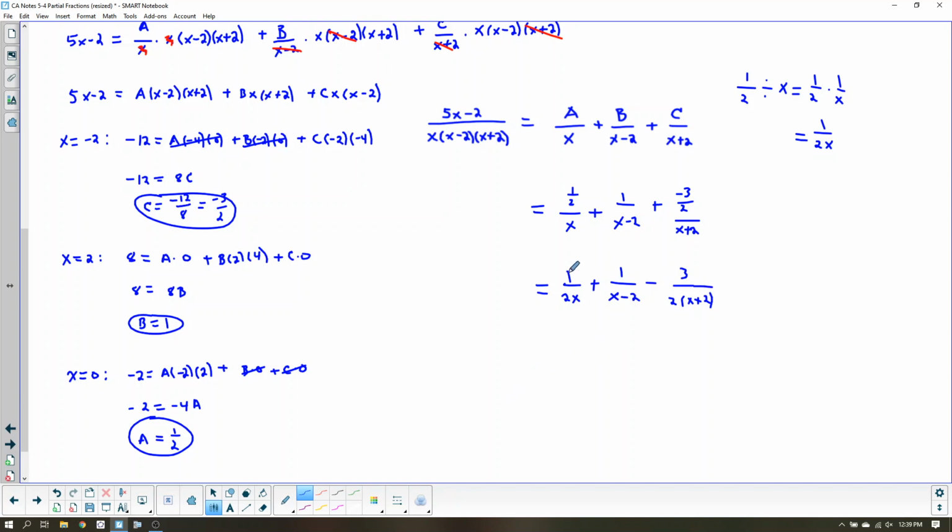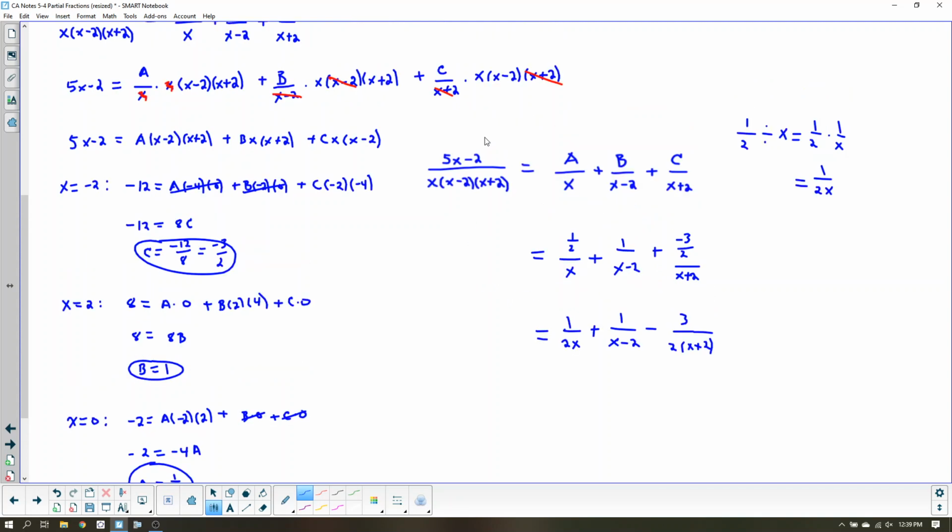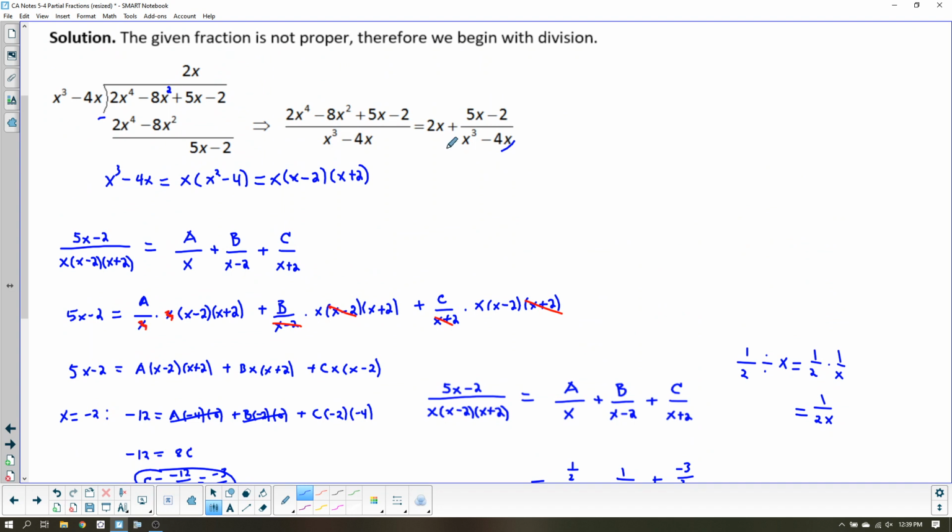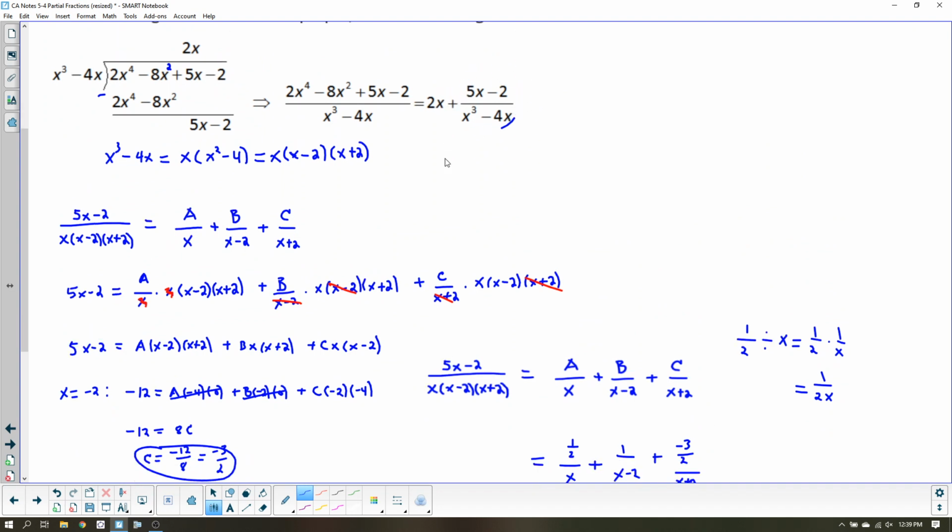Okay, now you might think that this should be the answer, but remember that the original problem wasn't just this. If we go all the way back, we just did the decomposition of this, so to finish it, we need to have a 2x out in front of the whole thing.